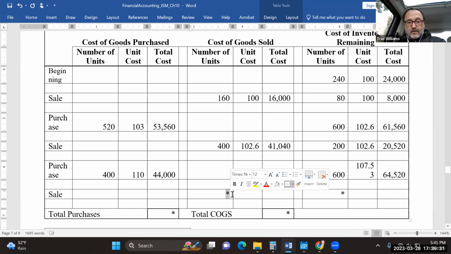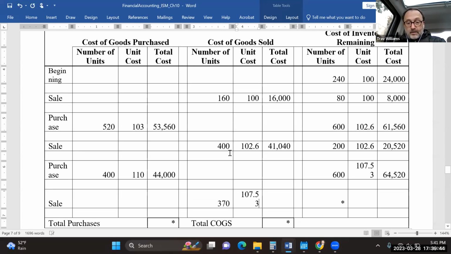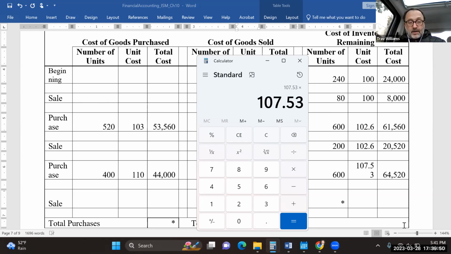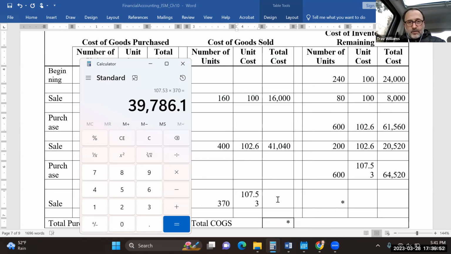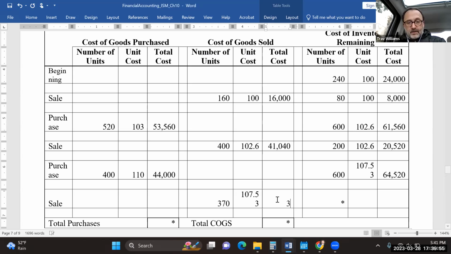Now, our average cost is the 107.53. Multiply that by the 370 units, 39,786. I think we round off on this one, 39,786.